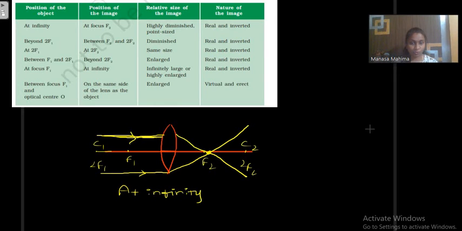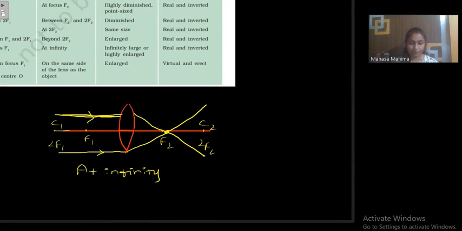And what about the nature? If we consider the object to be beyond 2F1, how will the image look? That we need to draw, correct?